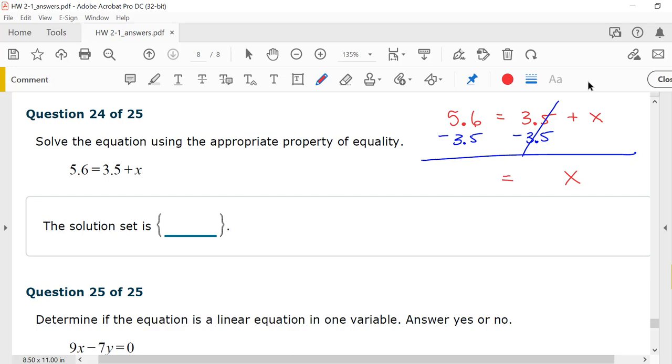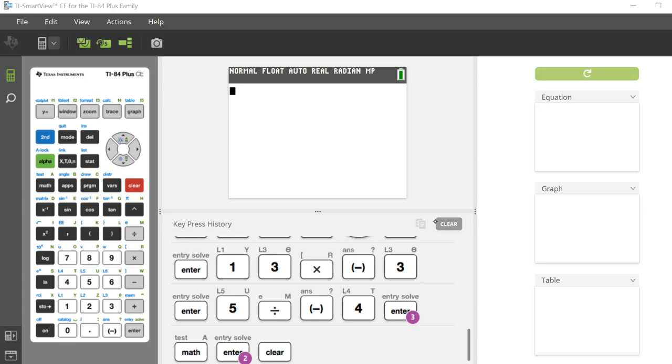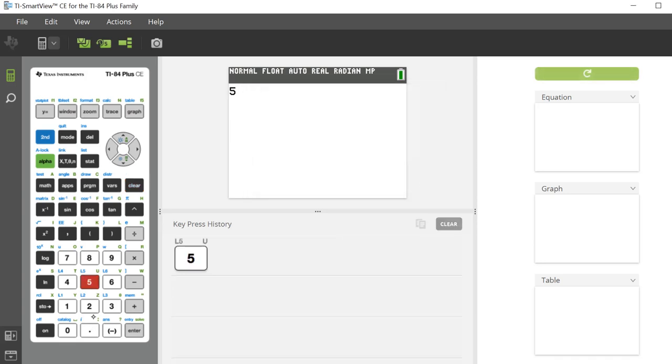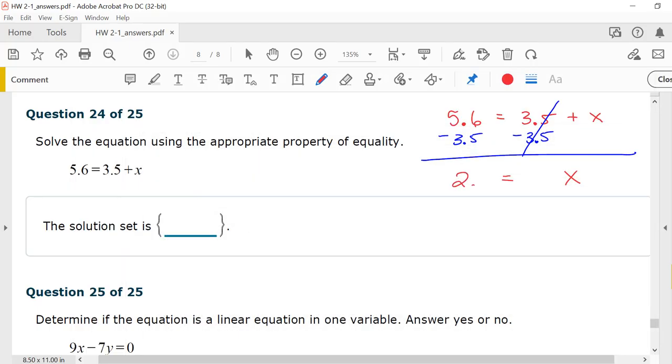On the left-hand side, we have 5.6 minus 3.5. 5.6 minus 3.5 is 2.1. So your solution set is x equals 2.1.